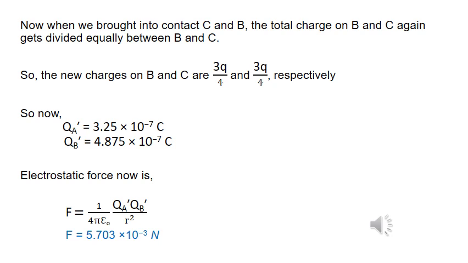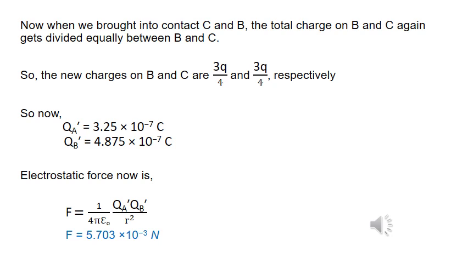By putting the value of Q as given in question 1.12, which is 6.5 × 10^-7 coulomb, we get the final charge on sphere A equal to 3.25 × 10^-7 coulomb, and the charge on B equal to 4.875 × 10^-7 coulomb.